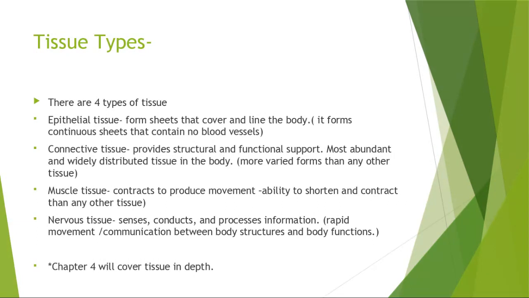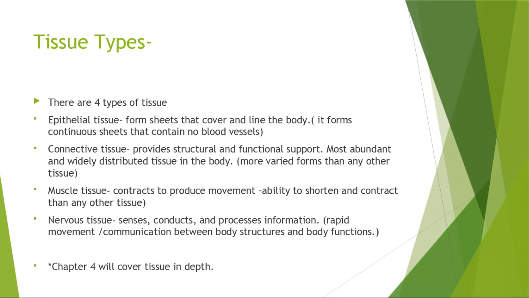Again, we're going to dive a lot deeper into the tissue types. I just want to cover this since this is part of our levels. Muscular tissue contracts and can produce movement. It has the ability to shorten and contract more than any other tissue. An example is if someone is sedentary for a long time, let's say they had some type of accident and did not move their arm for a year.